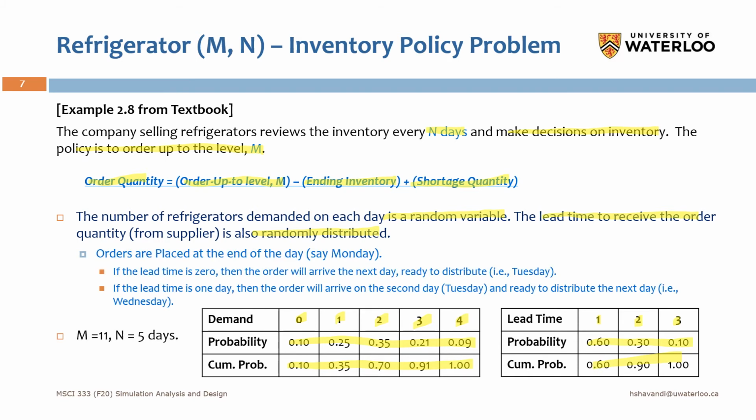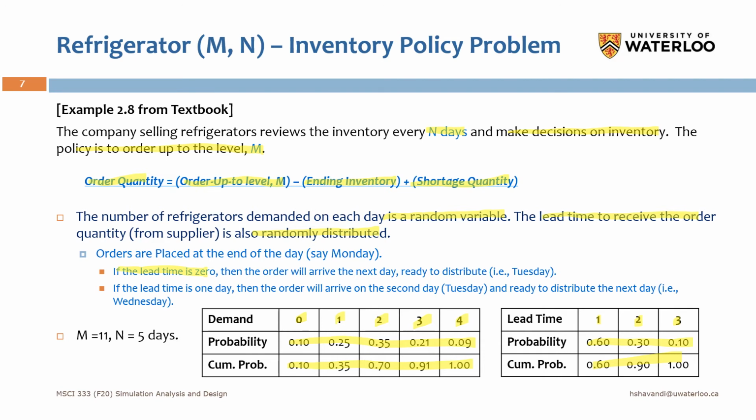So orders are placed at the end of the day, say Monday. So any day that we are going to place an order, it will happen at the end of the day. Okay. So if the lead time is 0, actually we don't have this case because we know that lead time varies between 1 and 3 days.